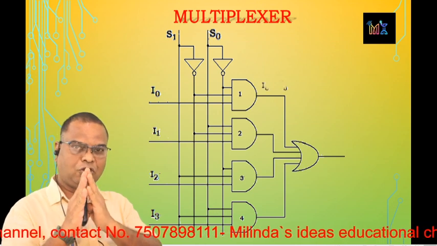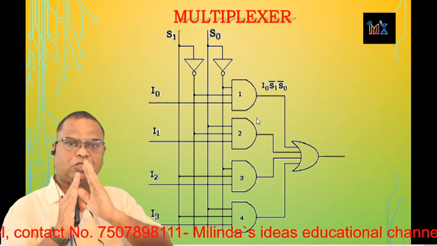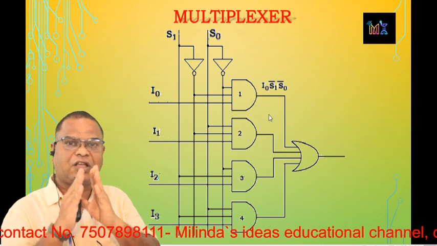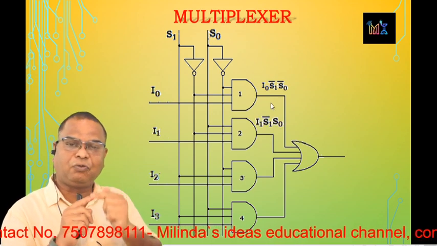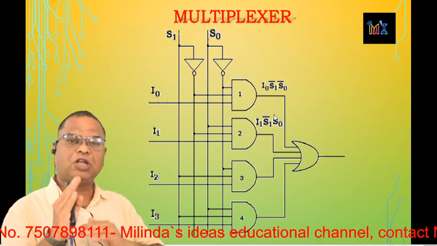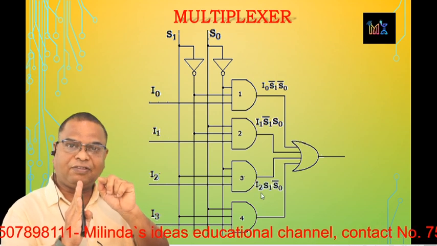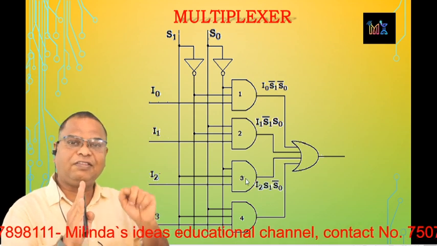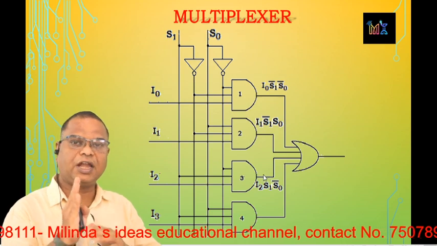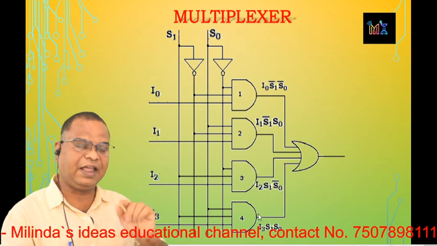So what is the output of the first AND gate? That is I0, S1 complement, S0 complement. The output of the second AND gate is I1, S1 complement, S0. The output of the third AND gate is I2, S1, S0 complement, and the output of the fourth AND gate is I3, S1 and S0.